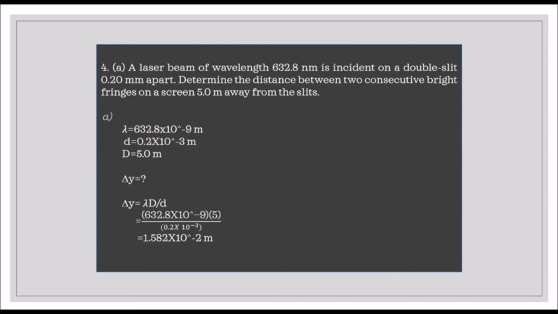So we just have to insert the values of lambda, capital D and small d, and the answer is 1.582 times 10 to the power of negative 2 meter.